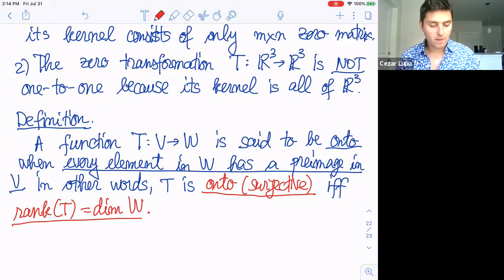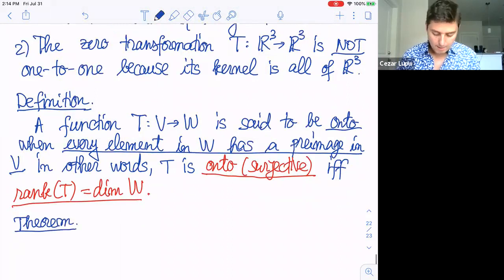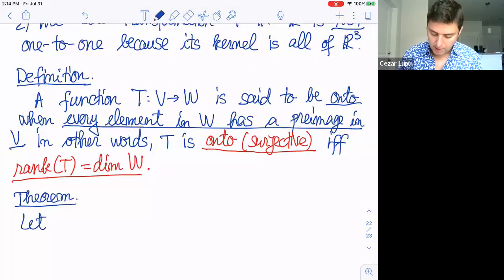And now similarly, we'll have the following theorem. Again, let me consider a linear transformation.